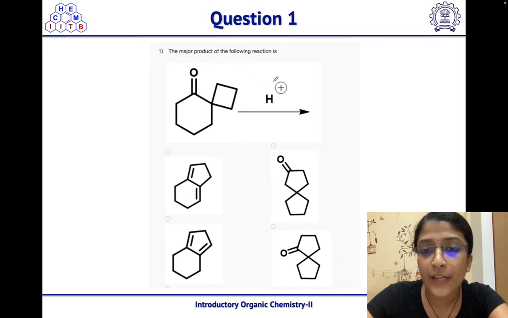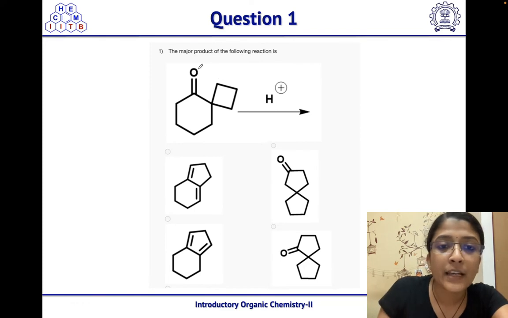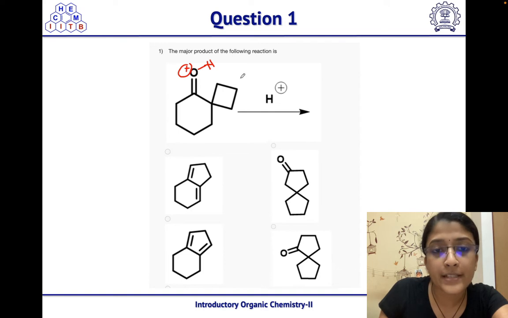In the presence of an acid, what is more likely to happen here? We have a carbonyl and an acid. So this lone pair on oxygen will abstract that proton, and we will get a species like this. Now we will see the remaining steps.